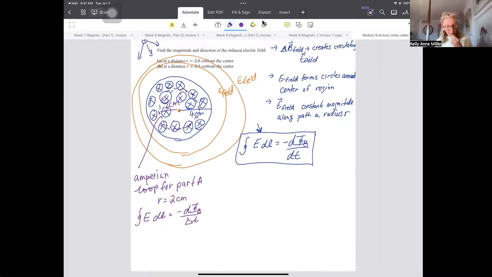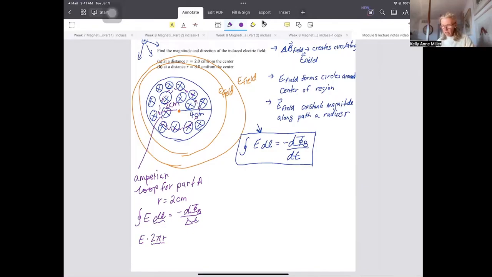So E times 2 pi r, where r is 2 centimeters, that's the circumference of my Amperian loop. That's just the path integral, because of the symmetry of the situation. I drew it so that it was in the same direction as the E field.